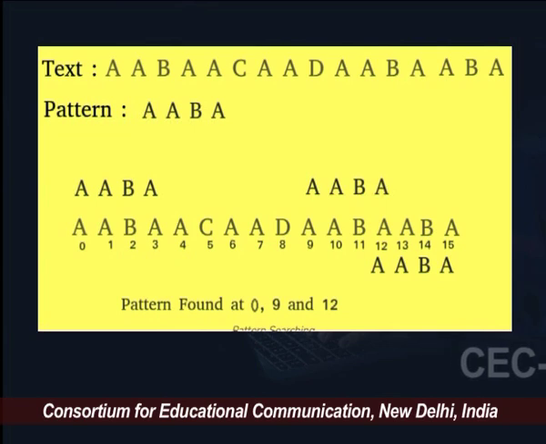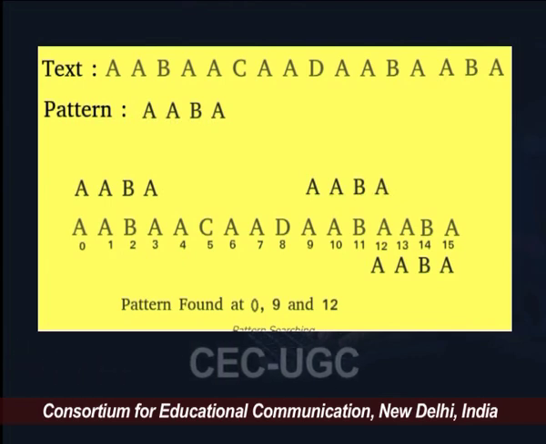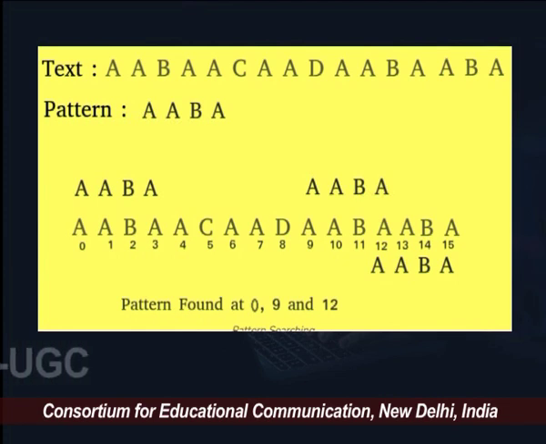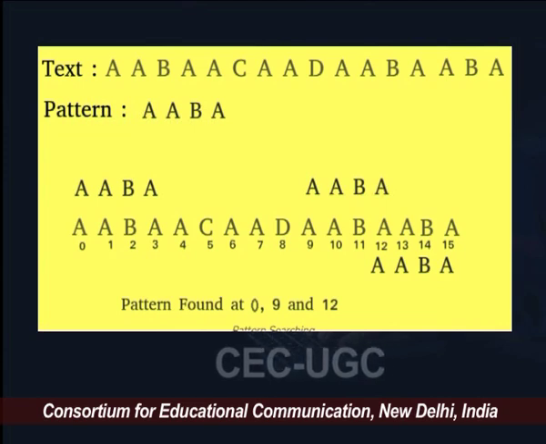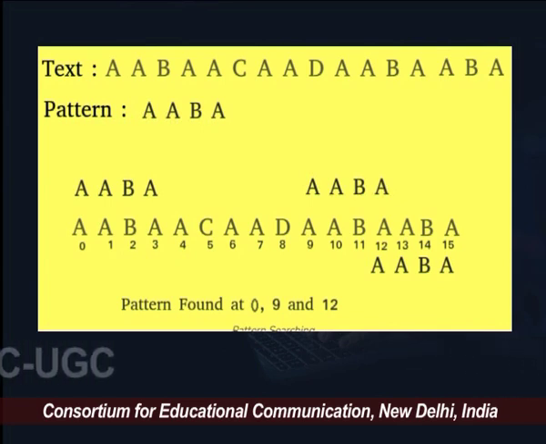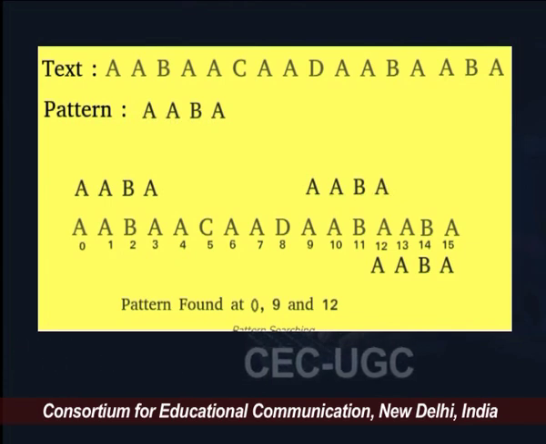Here we are looking not only for the first occurrence, but for all the occurrences. All 3 occurrences are at positions 0, 9 and 12. So now we have established what is to be expected when we are implementing a pattern matching or pattern searching algorithm.